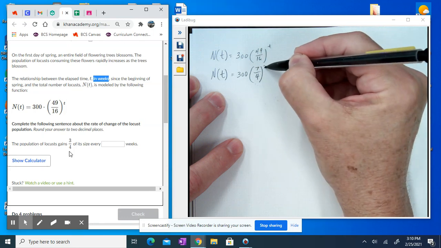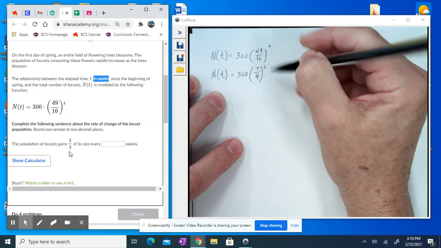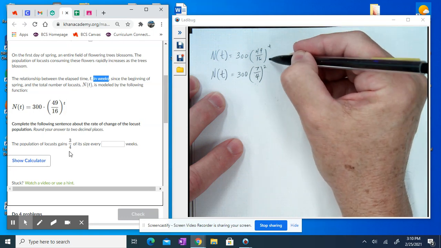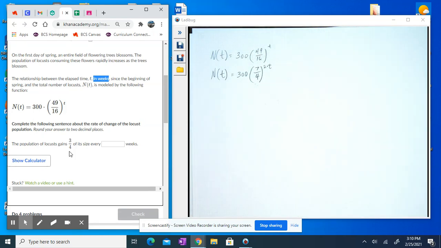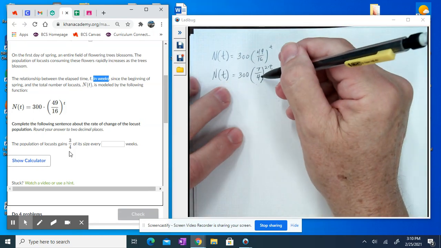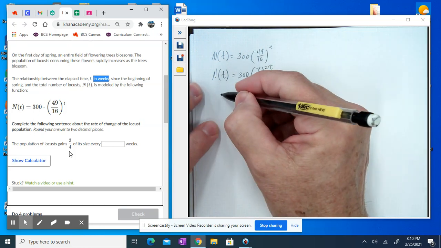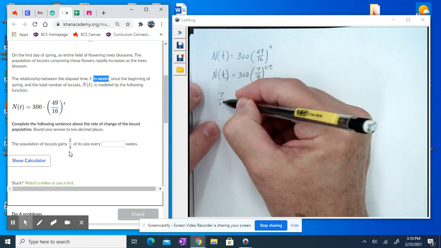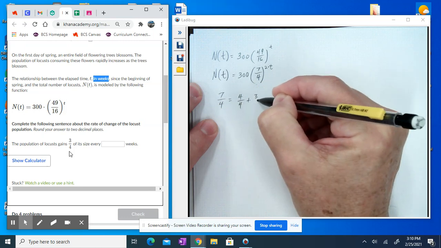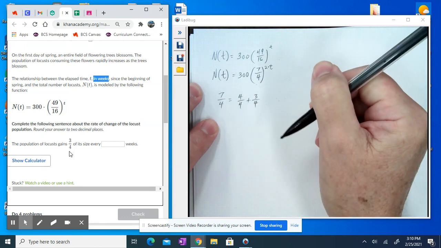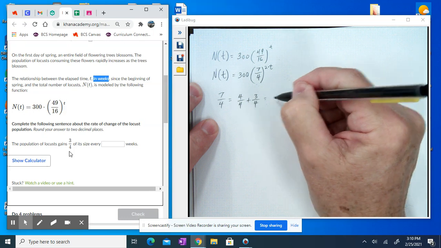So 7 squared is 49, 4 squared is 16. And it gets multiplied to that t that's already out there. So that's the t. So 7/4 is 4/4 plus 3/4, right? Or if you like, 1 3/4.